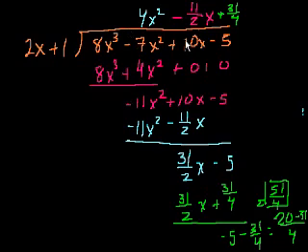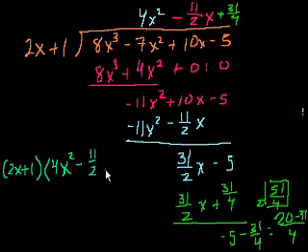As another way to write this relationship, let me do it in another color. I've used many of my colors already. You could write that 2x plus 1 times this, 4x squared minus 11 halves x plus 31 over 4, plus the remainder.